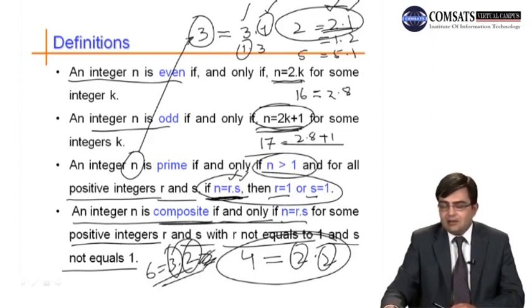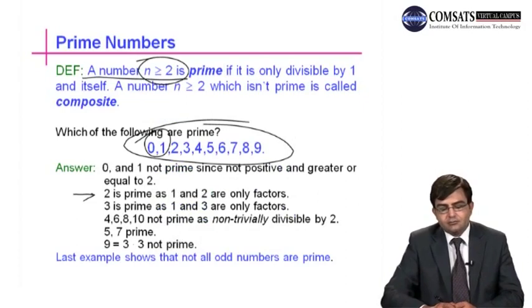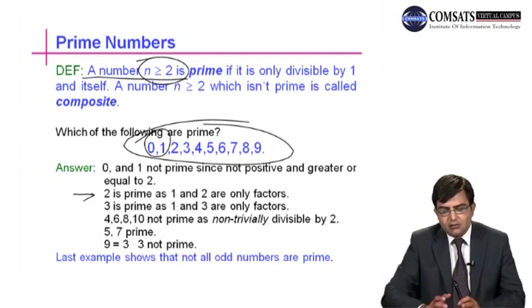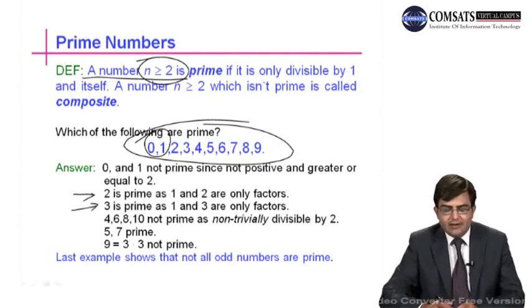This is what we are saying in this definition. So 2 is a prime because 2 has factors only 1 and 2, or 2 is divisible only by 2 or 1. Similarly, 3 is divisible by 1 and 3 only, so 3 is a prime number.